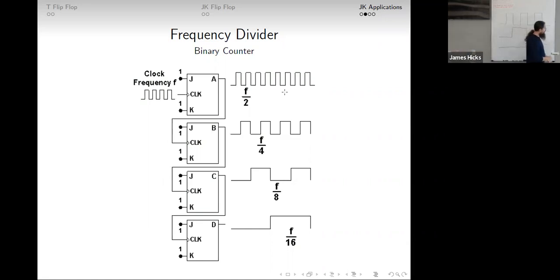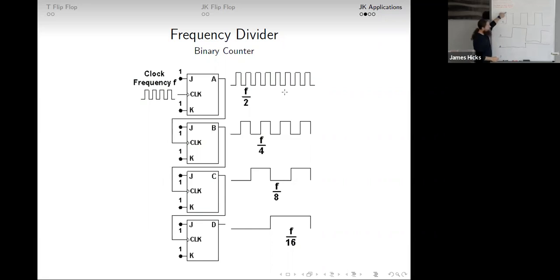I'm going to think of my 4 outputs, A, B, C, and D, as my 4 places of a binary number. So the very first one is low, low, low, low. That is 0.